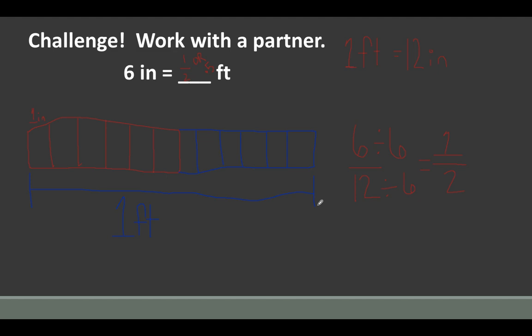Let's take a look at what this would look like as an input-output table. Okay, had to clear our screen there for a minute.